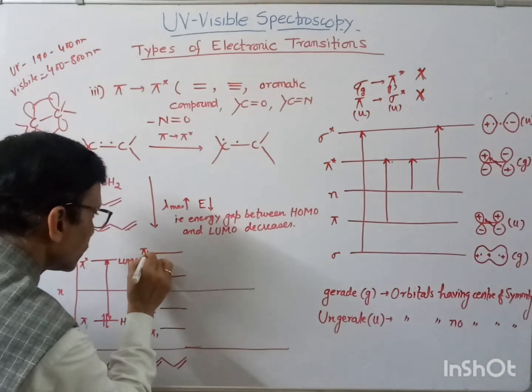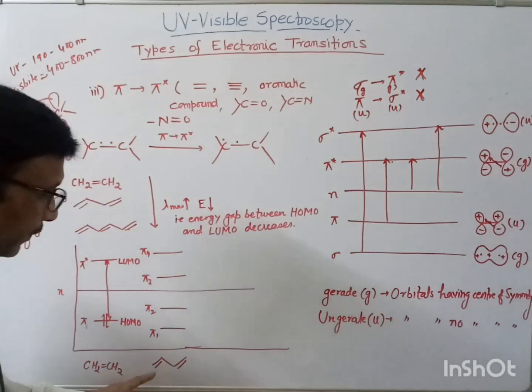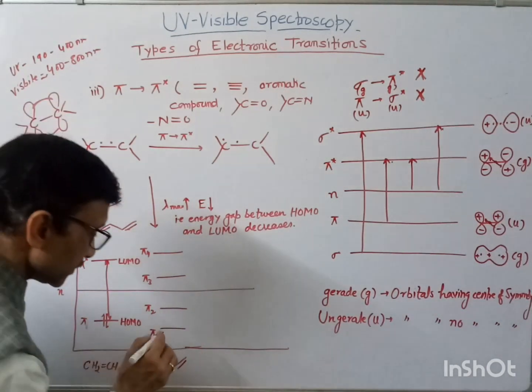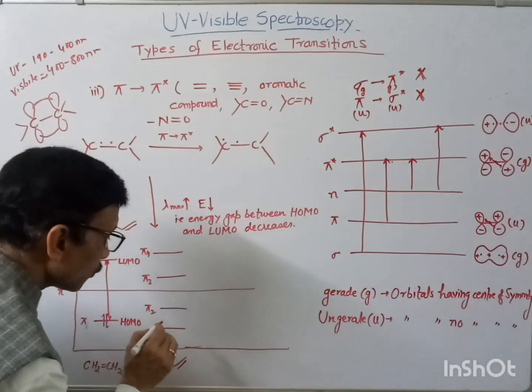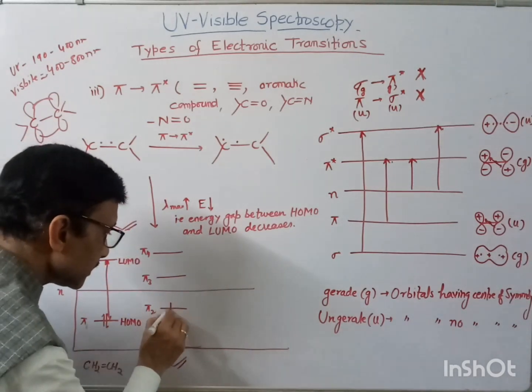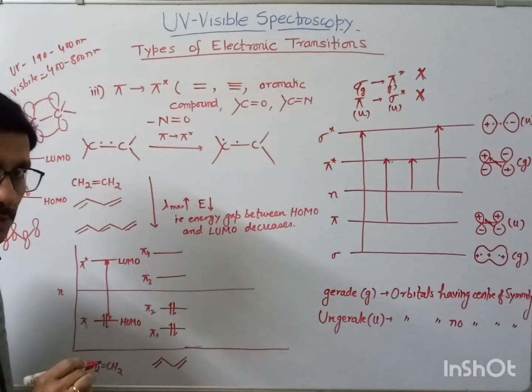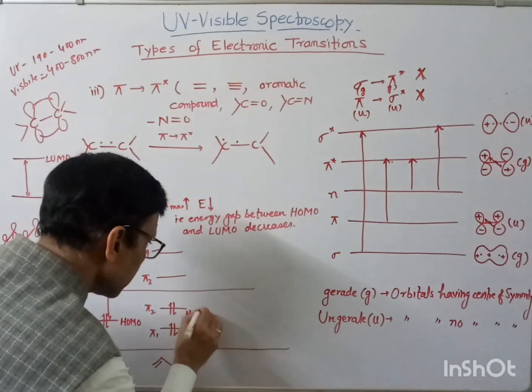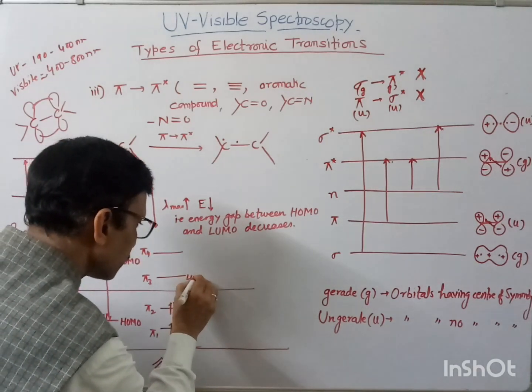Now, how many pi electrons are present in butadiene? 4 pi electrons are present in butadiene. So I should fill the 4 pi electrons first in the lowest molecular orbital, then in the next one. So this is our HOMO in case of butadiene, and this is the lowest unoccupied molecular orbital.